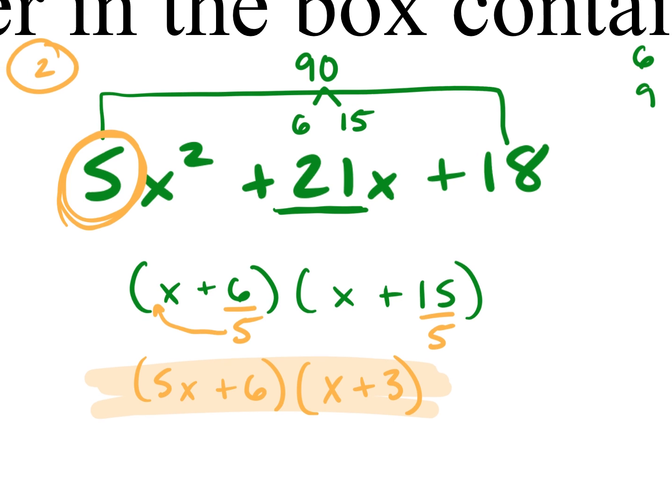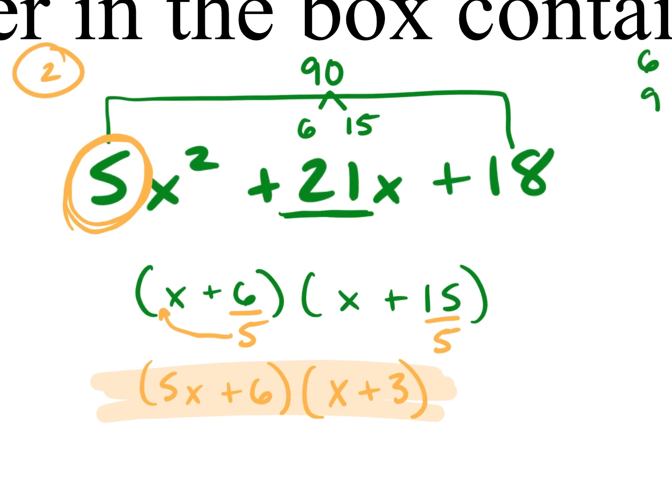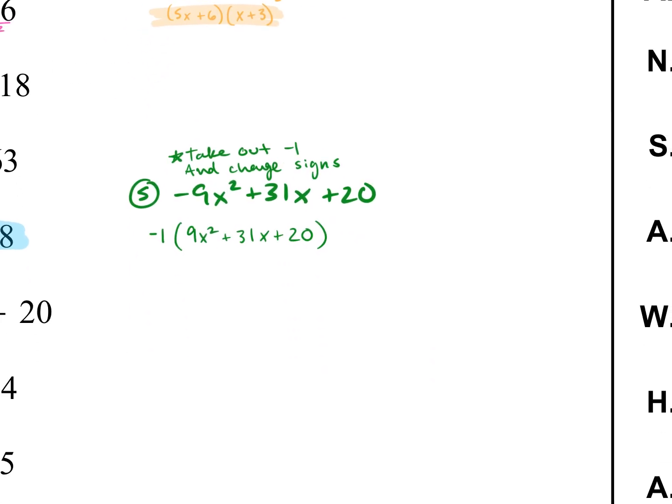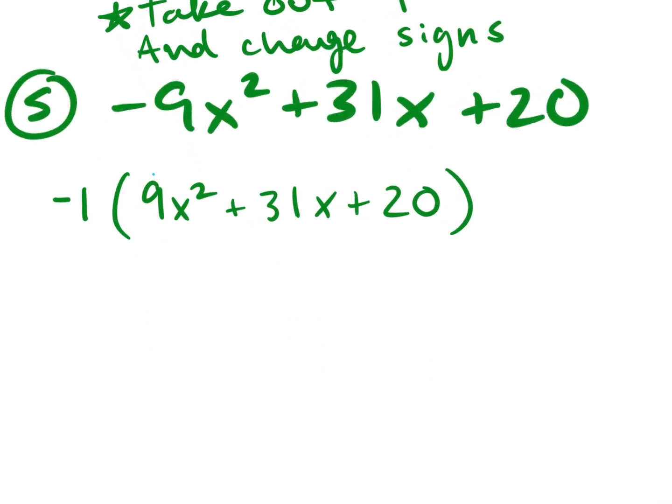Look at number 2. What do we do first? Multiply the first times the last. So 9 times 20 would be 180. What are 2 factors of 180 that add up to 31?